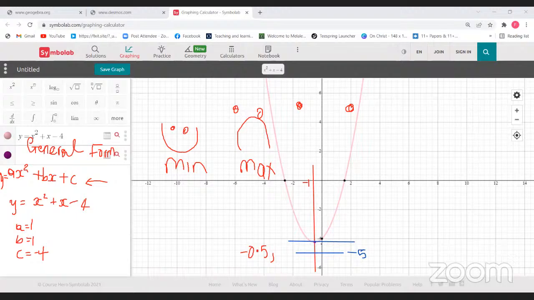So we know that this bit here would be -4 point something, maybe -4.1. It can't be 0.1, it's a little bit more than 0.1. That's 5: 1, 2, 3, 4, 5, 6.